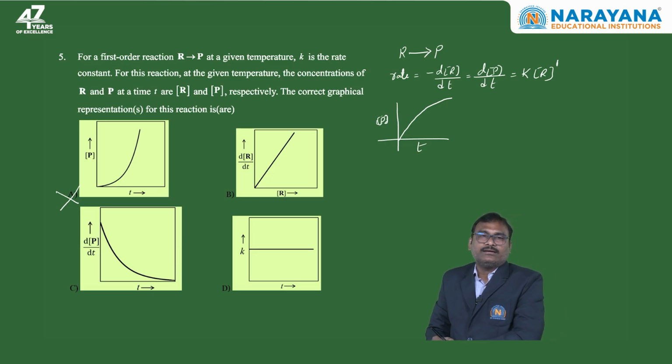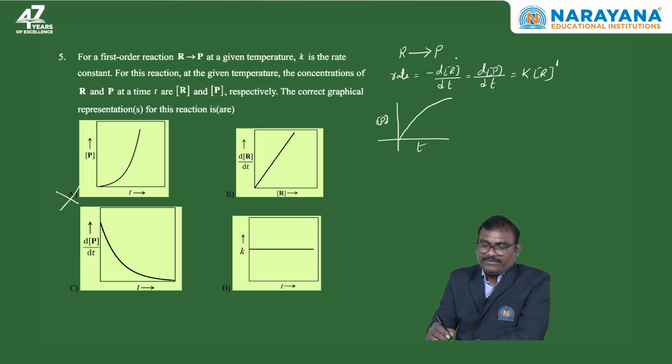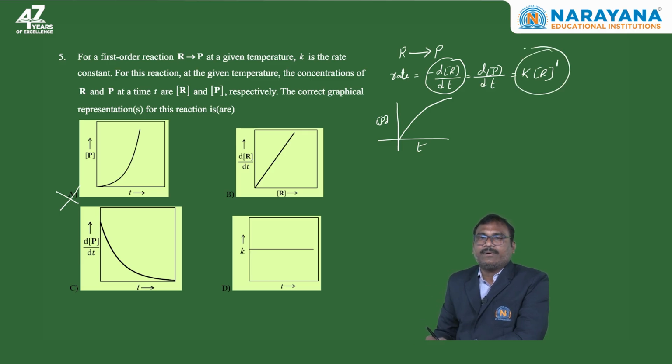Now we go for option B, that is dR/dt versus reactant concentration. According to the given equation, minus dR/dt is equal to K into reactant power 1. That is dR/dt is equal to minus K into concentration of reactant. It looks like y is equal to minus mx.